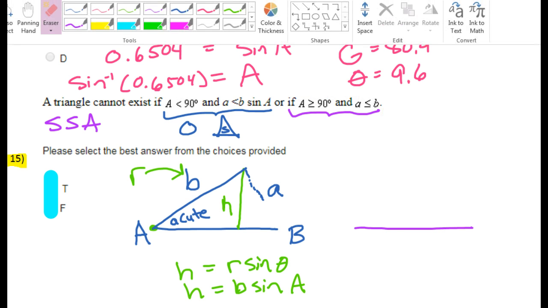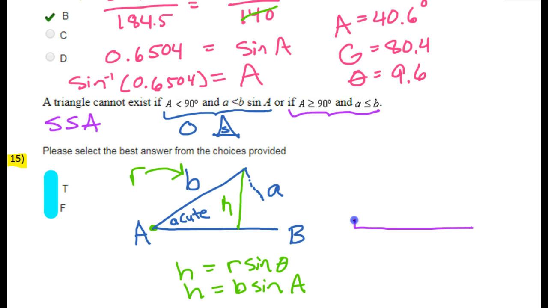I have to make it bigger. It's either going to be 90 degrees or obtuse, but it can't be acute, so I'm just going to say not acute. Now I'm going to draw this. This is still angle A, so this is still side a. We always put the other side here. The rest of it is still the same.